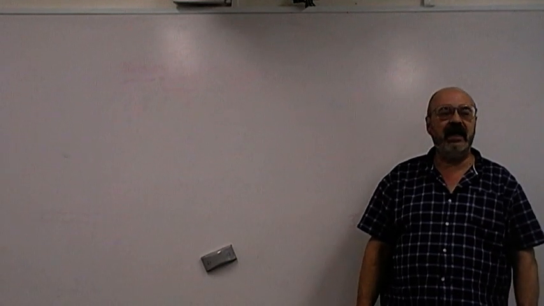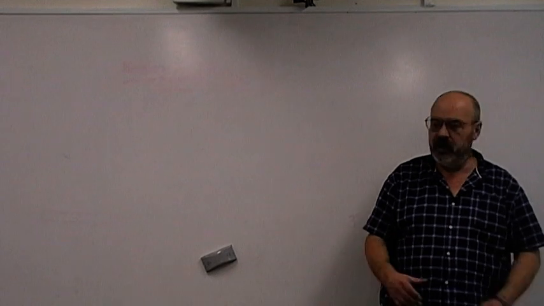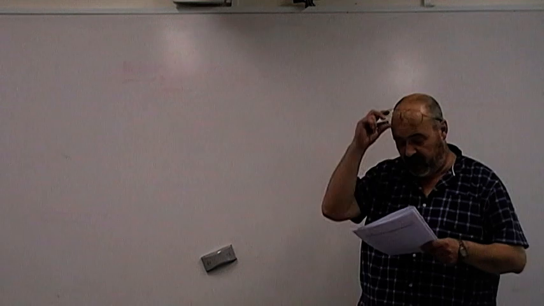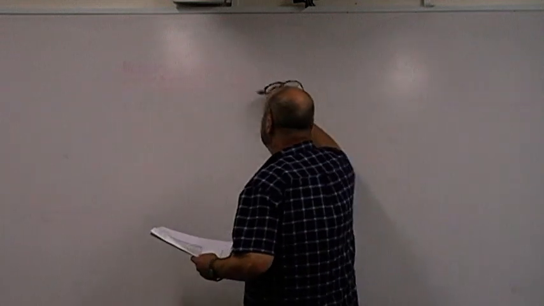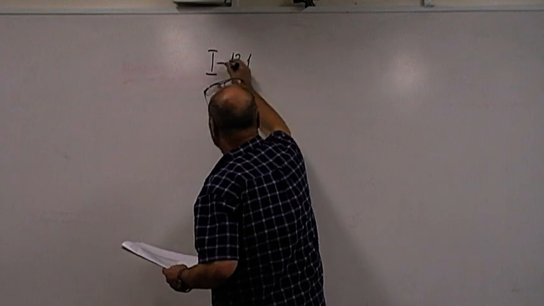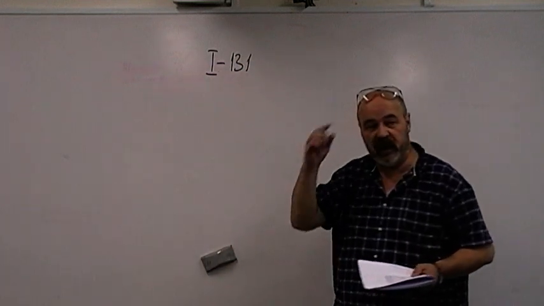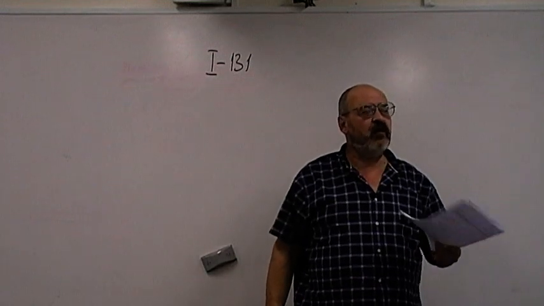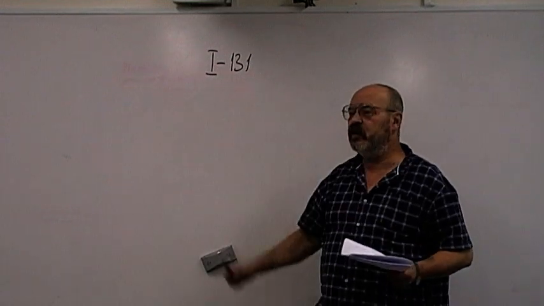So, let's say the period of decay of iodine 131, I will round it. Iodine 131. What does the number 131 mean when I write it like this? Yeah, atomic mass. This is atomic mass, yes.